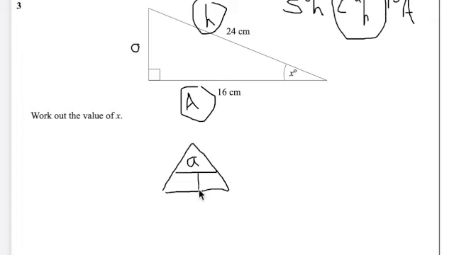So it's A at the top, C on the bottom left, and H. So you do 16 over 24, because you have the adjacent, which is 16, over the hypotenuse, which is 24.